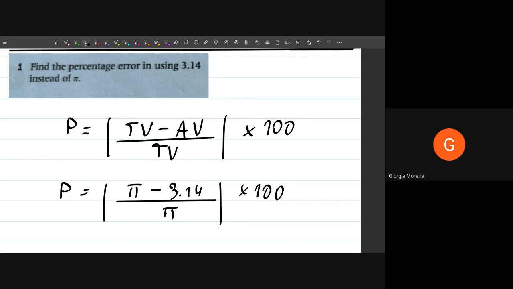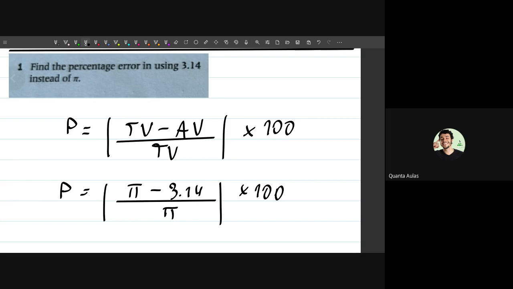Oh, I sent you. It gives this number. This is a really small number because it is e to the power of minus 4.